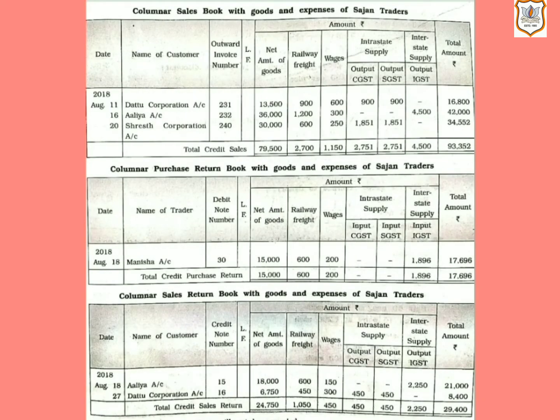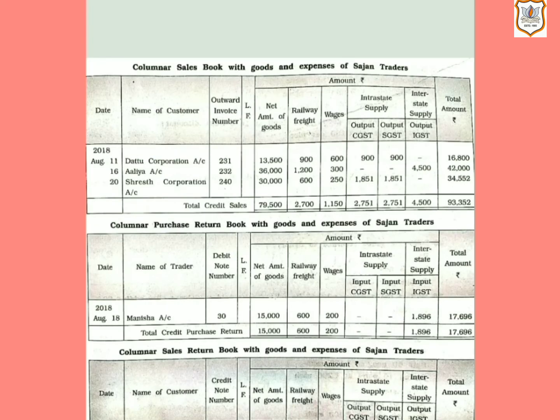So here it is given that goods have been sold to Alia which were purchased from Manisha. If you check transaction of date 5th, on that day we purchased goods worth rupees 30,000 from Manisha, and now we are selling it to Alia by adding 20% profit on cost price. So it will be recorded in sales book.